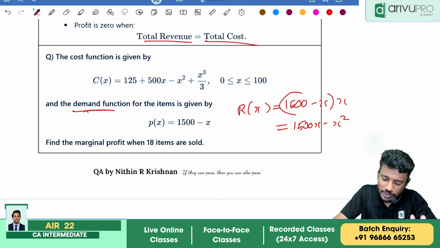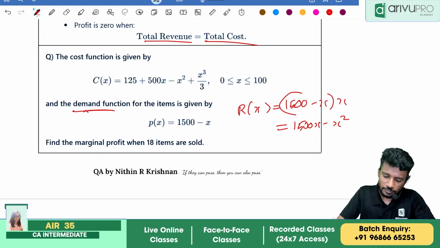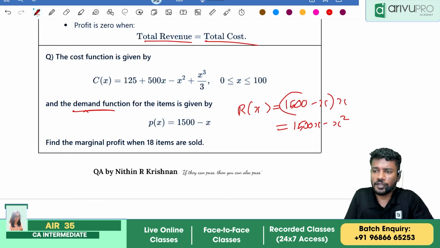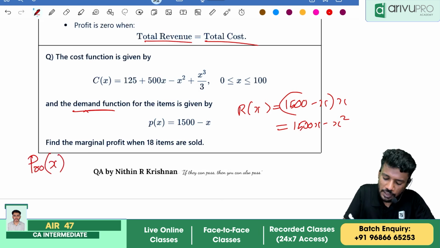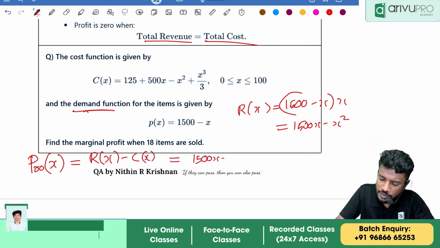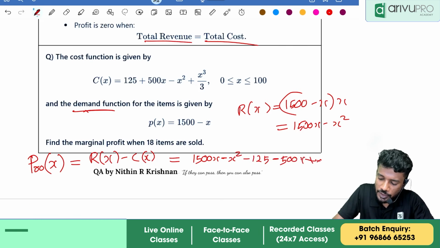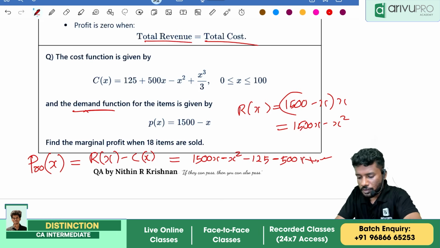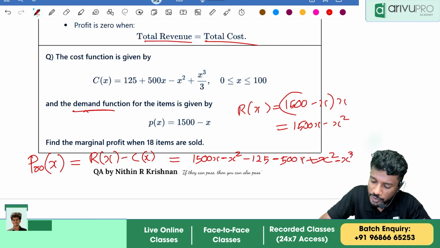Now you tell me what is the profit function. Revenue minus cost, or cost minus revenue? Revenue minus cost. So the profit function, I am writing P of x is equal to R of x minus C of x. That is 1500x minus x square, then minus 125 minus 500x plus x square, then minus x cube divided by 3.